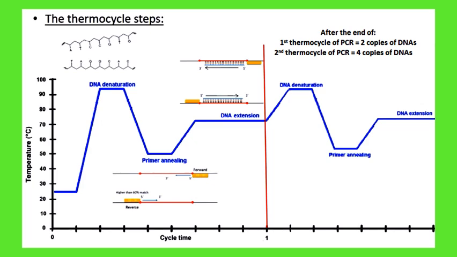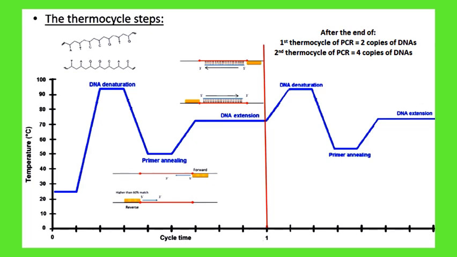After DNA denaturation, cooling down to a temperature of about 50 Celsius is applied to hybridize the DNA with two primers.